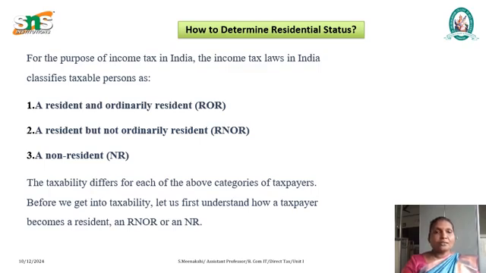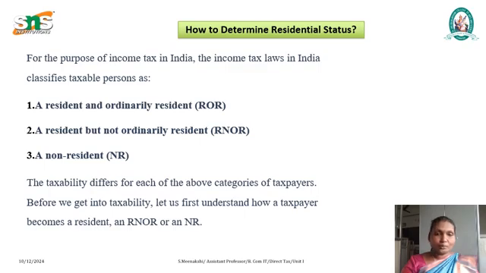There are three different classifications for the purpose of the Income Tax Act in India. The first one is a resident and ordinary resident, in short ROR, a resident but not ordinary resident, RNOR, and a non-resident. So the taxability differs for each of these categories of taxpayers.